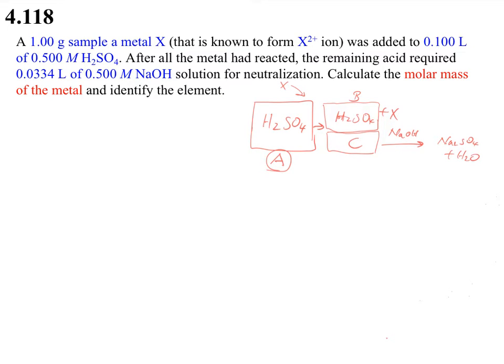First, let us write down the reactions. In the reaction between X and sulfuric acid, X produces X2+ ions, and the metal reacting with acid gives us the salt, and we have hydrogen gas. This is solid, and this is aqueous solution.